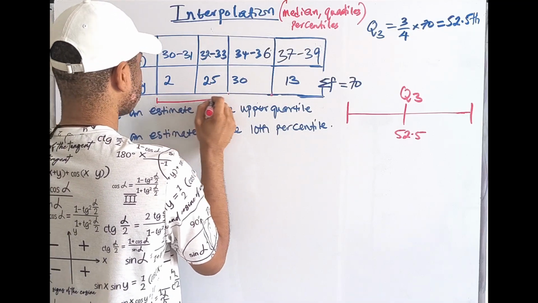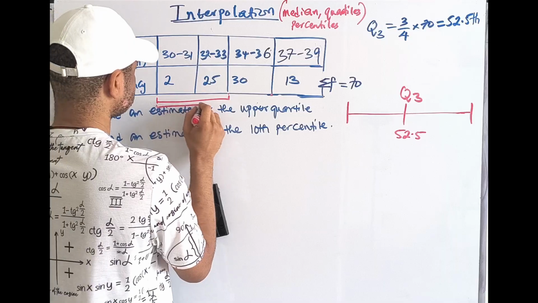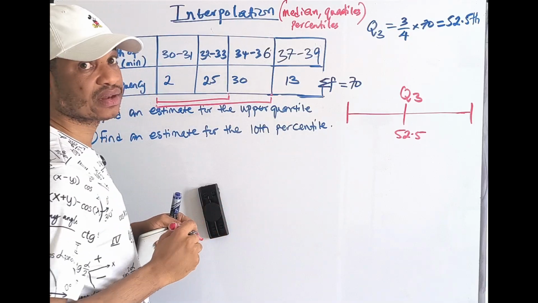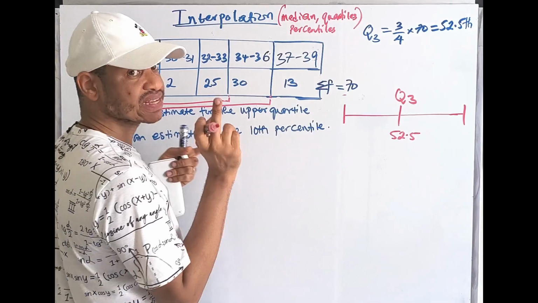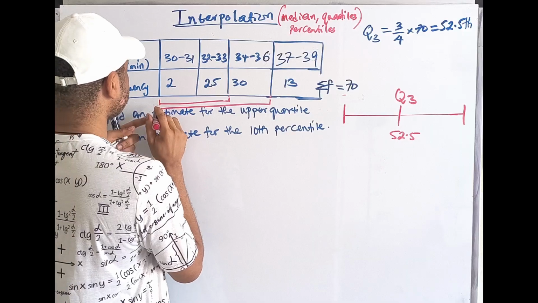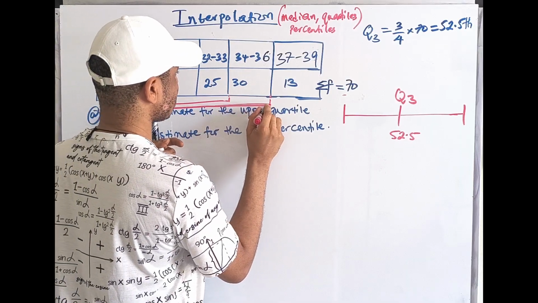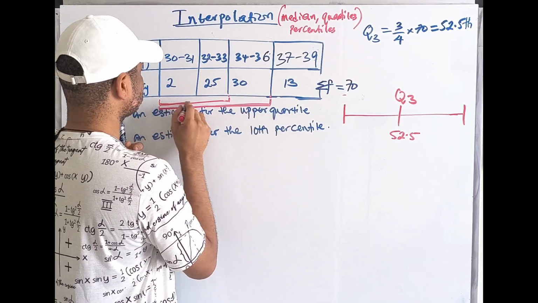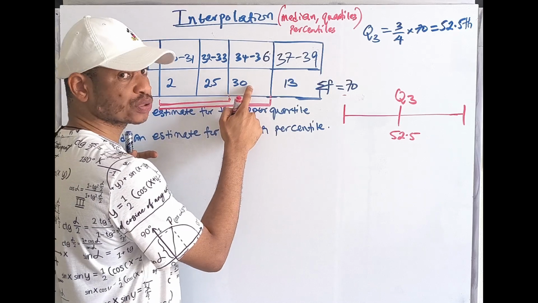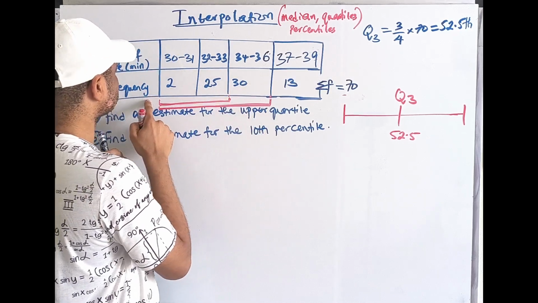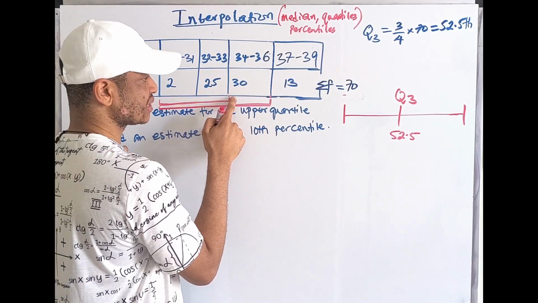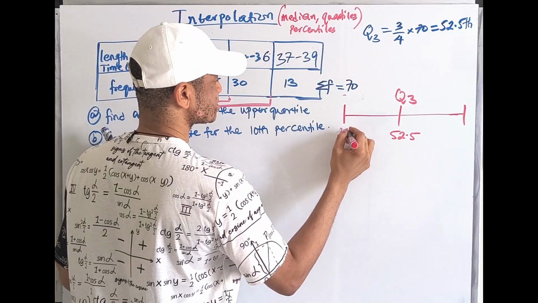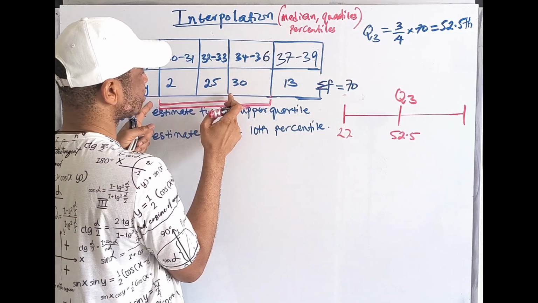So I'm doing two things: this place to this place, and this to that. I know the position is here, so I'm going to take the frequency up to that, which will be 27, because this plus this up till this.